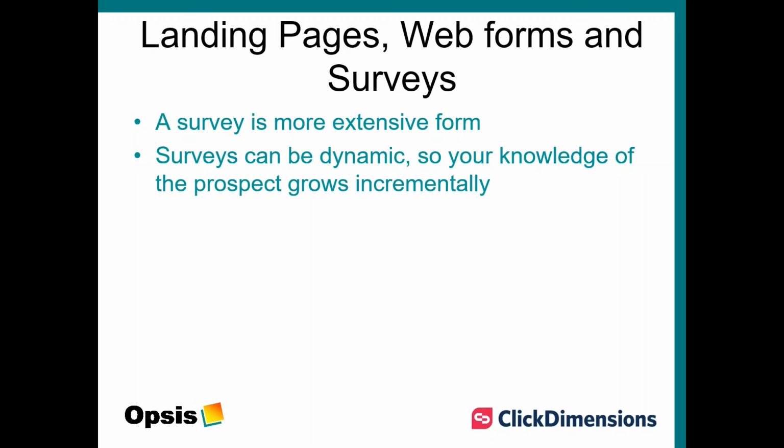One of the really nice things about surveys is that they can be dynamic. What that means is that the questions that are displayed vary depending on what you already know about a prospect. So let's say you already know their age.